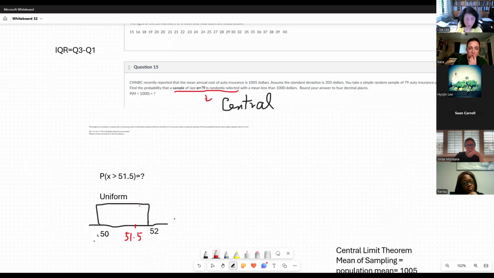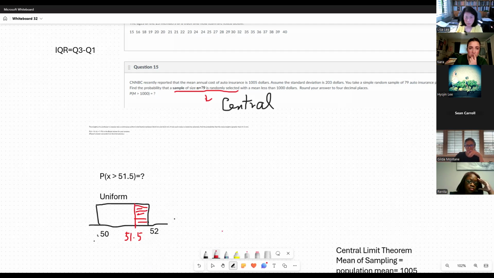Okay. So draw the section. This is what we are looking for: greater than 51.5, this area here. If you recognize just this small rectangle area here, I put a red line now.